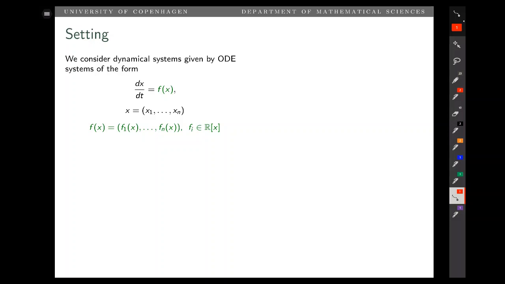Otherwise, you could have nonlinear dependencies, right? I think you will have some degeneracy there, probably. Otherwise, okay, maybe if you can give me an example.